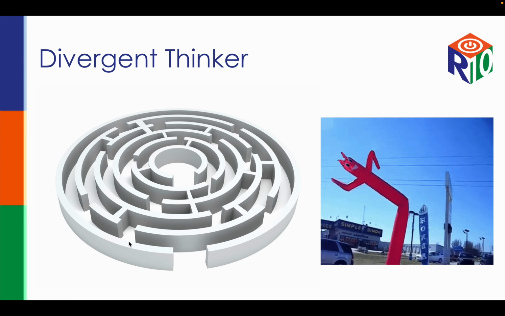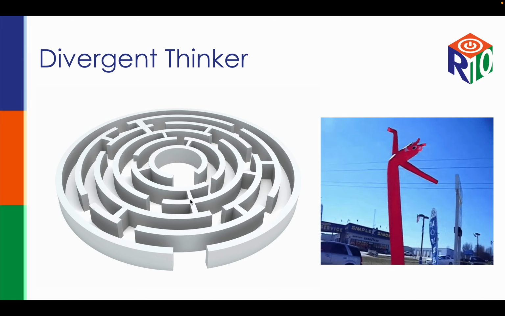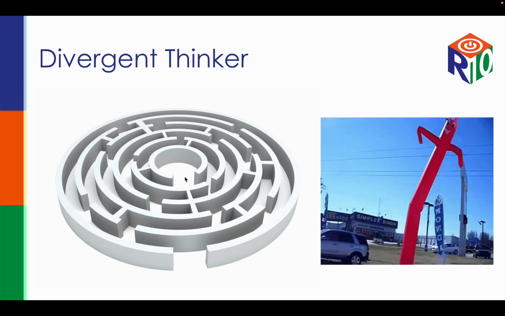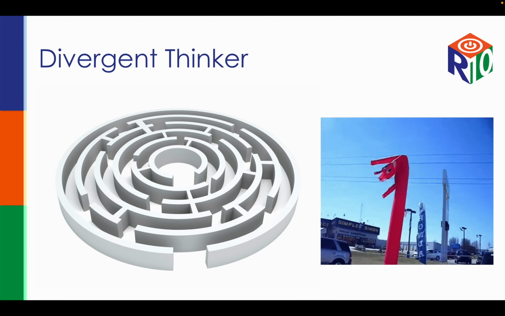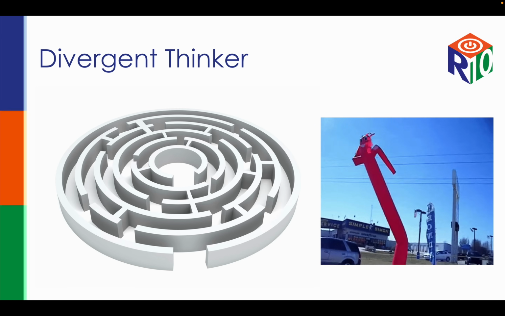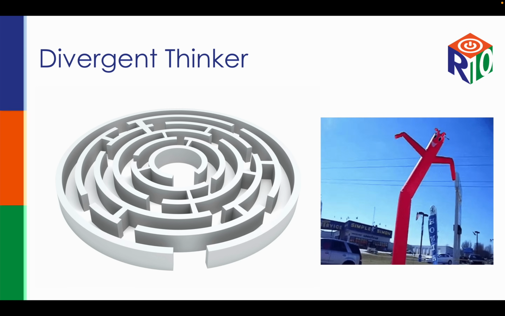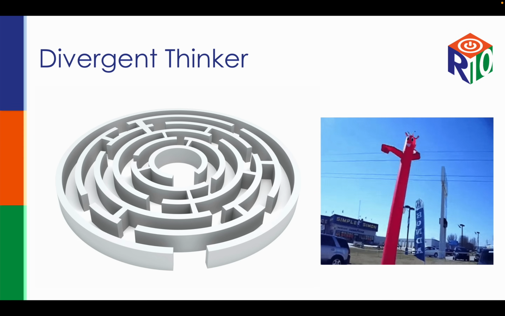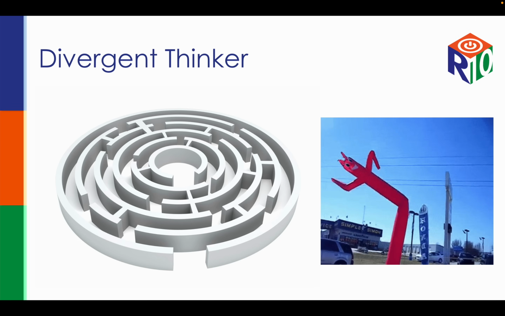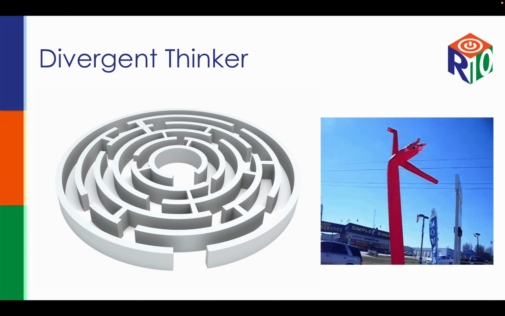Like our maze here, there's lots of different ways to get to the middle of the maze, or to get out of the maze. Look, there's my divergent thinking. We could go in, we can come out, however we want to engage with the maze. So our divergent thinkers see all of the different ways that we could do that.